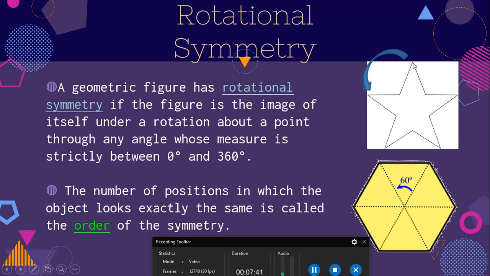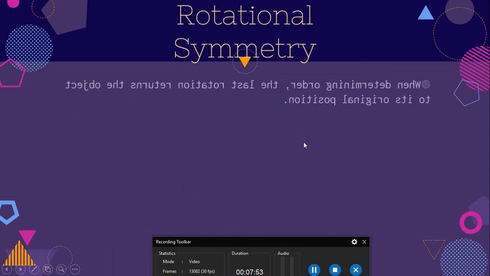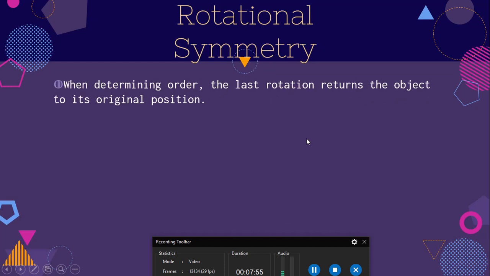For the star, this top point might turn and become this location on the left. And then this location will move down to the bottom left, and so on. When you want to determine the order of the figure, the last rotation returning you to the home position indicates the order.